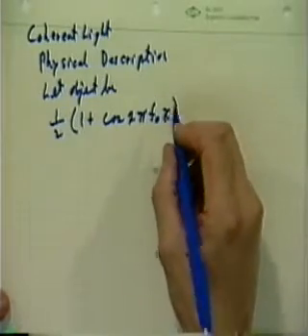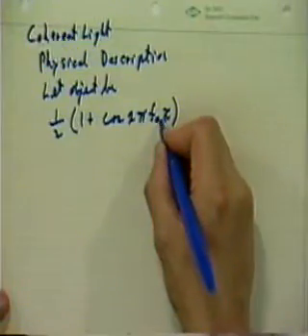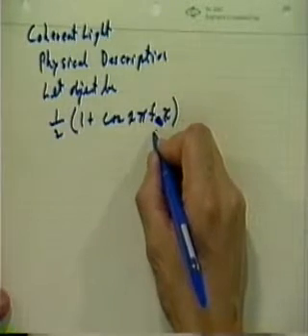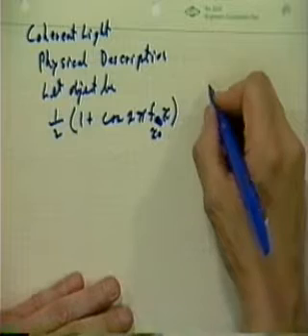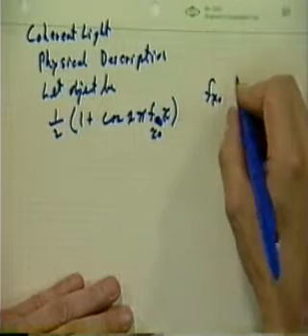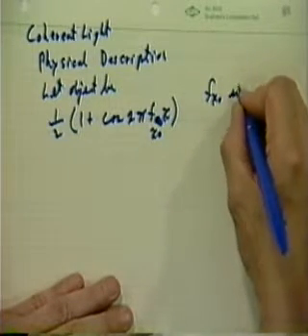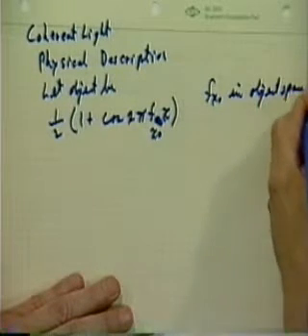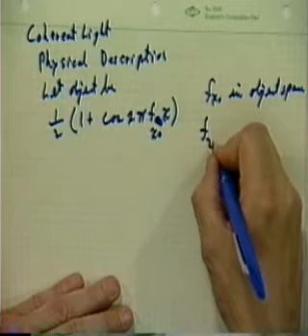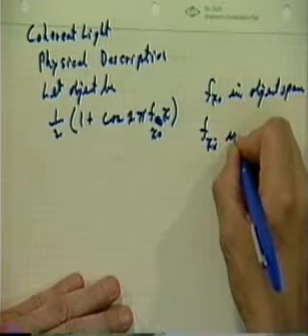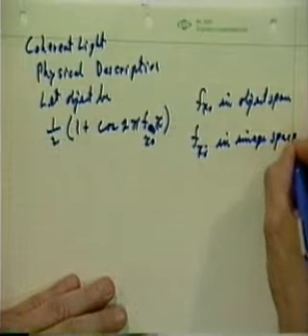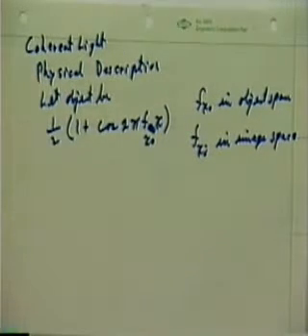In fact, I'll make that f sub x 0, where f sub x 0 is the frequency in object space, and f sub xi in image space. And again, the frequencies would just differ by the magnification.